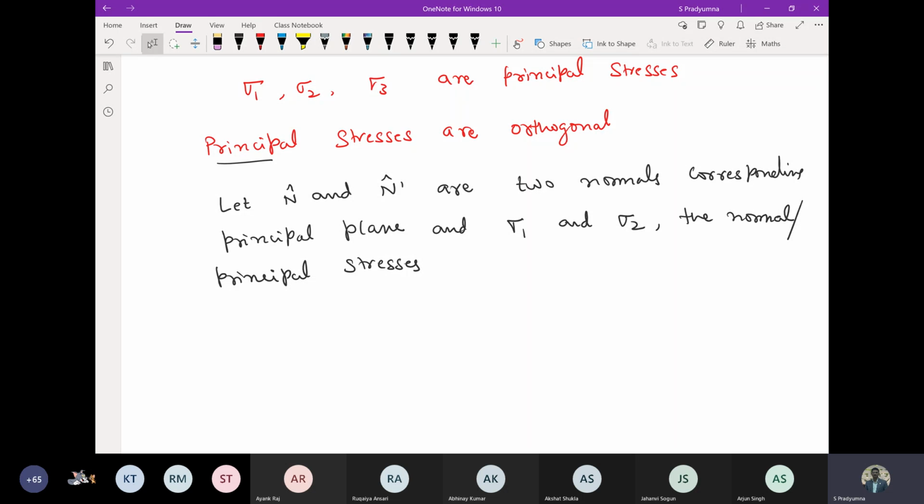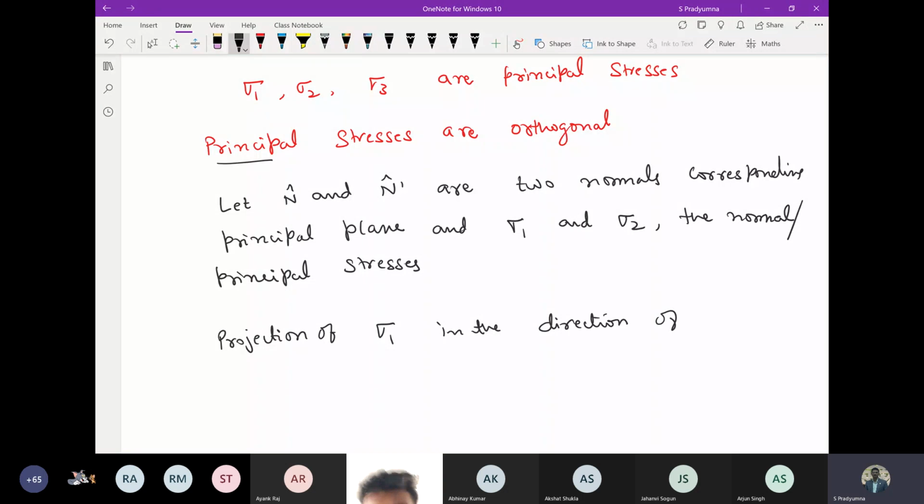Okay. Now, if I want to write the projection of sigma 1, that is the principal stress 1, in the direction of n dash. So this is actually corresponding to the second principal stress, right? So we are taking the projection of sigma 1 on n dash.